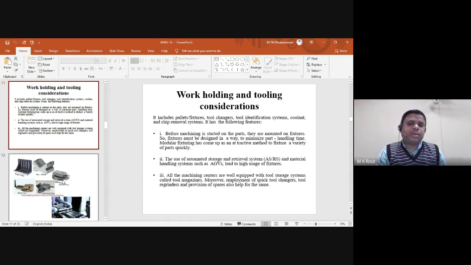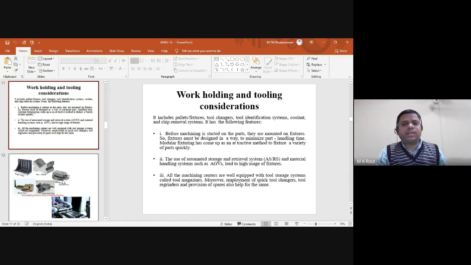The fixture must be designed in such a way as to minimize the part handling time, and the modular fixture has come up as an attractive method to fixture a variety of parts quickly, so that parts can be quickly fixed on the work tables. The next feature is the use of automated storage and retrieval systems.